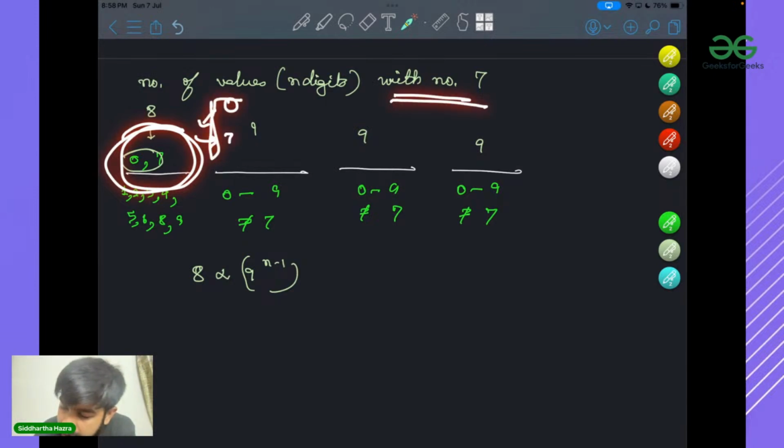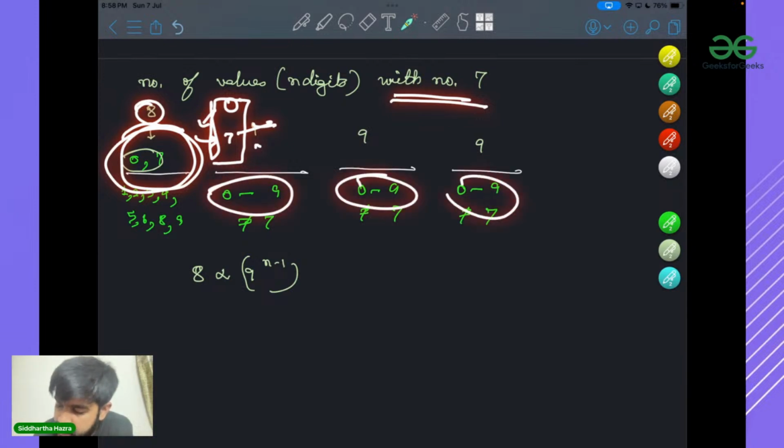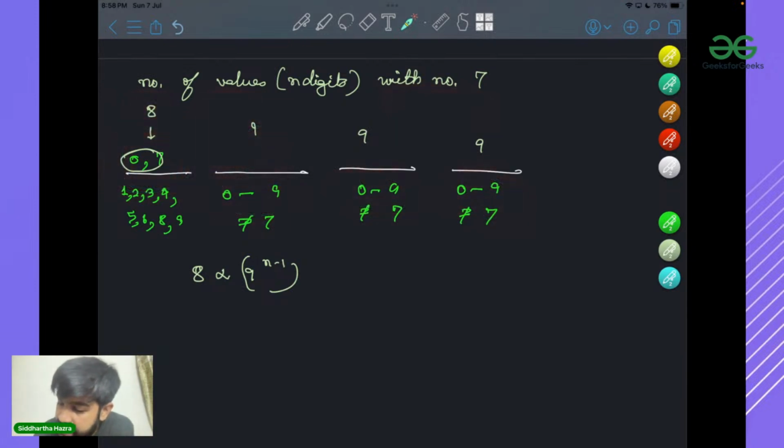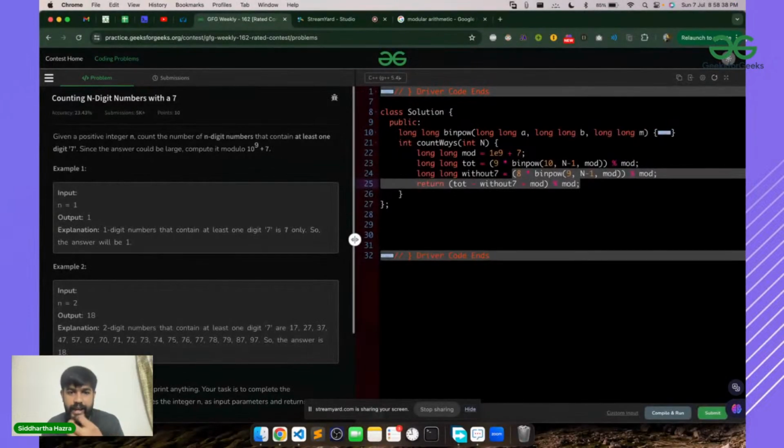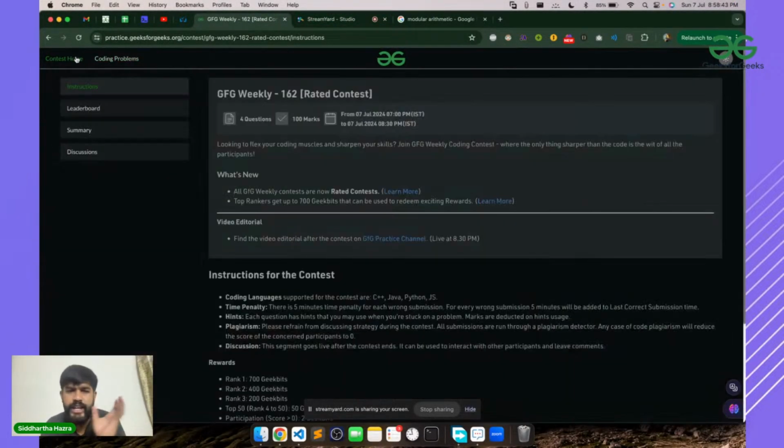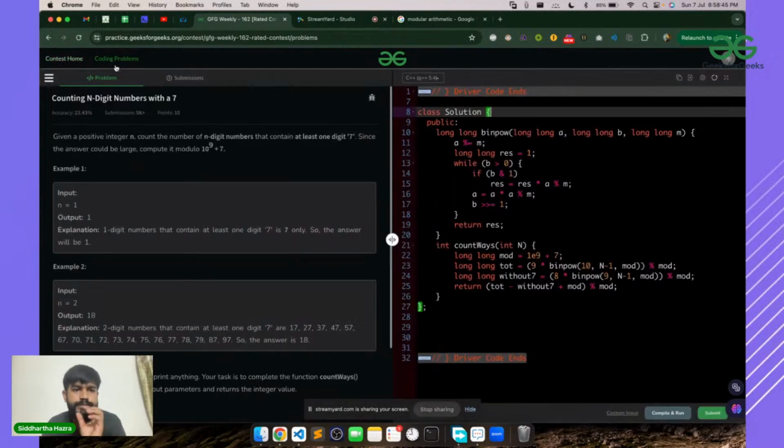In total we have how many digits? We have 10 digits. But we can't use 2 digits. So here 8, and here we can use 0, 0, 0. That is why we can say 8 multiplied by 9 multiplied by 9 multiplied by 9. Basically, that is why we are discussing 8 at this point. If you're still not able to understand, consider going back and watching it again.